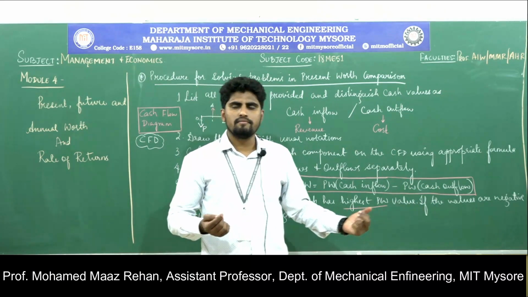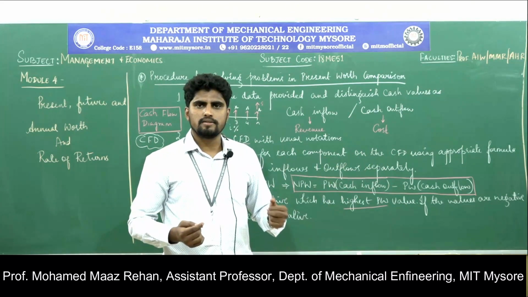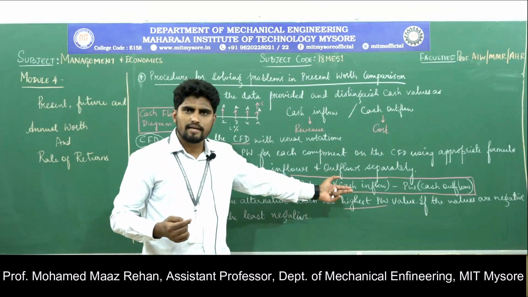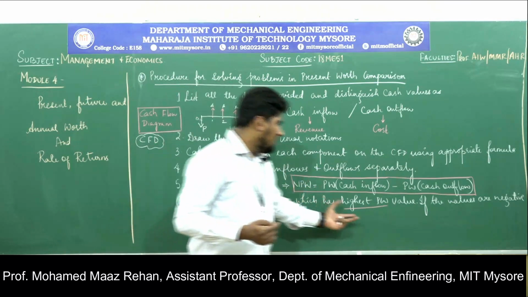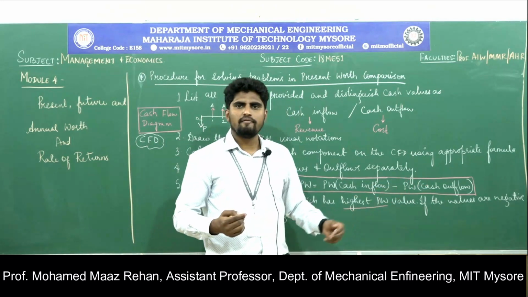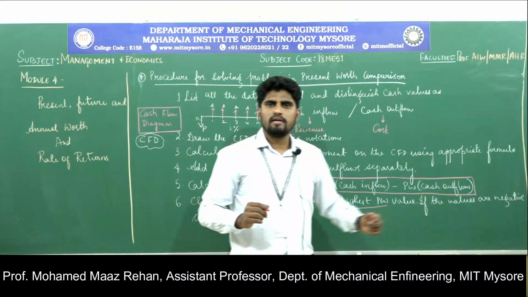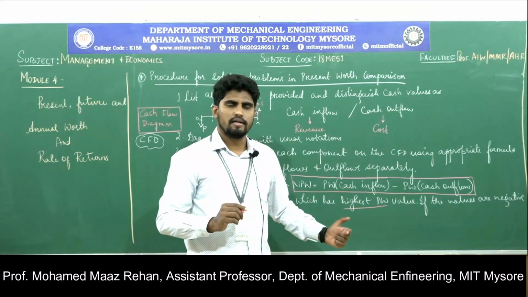Every organization works on one principle: to maximize the profit and to minimize the losses. If an alternative is generating more profit, you are going to select that alternative, correct? So if in the alternatives you have all the values as negative, whichever value is least negative, you are going to select that alternative, correct?